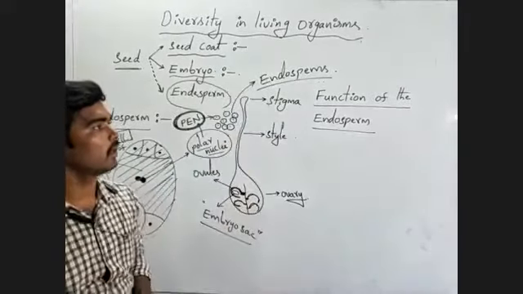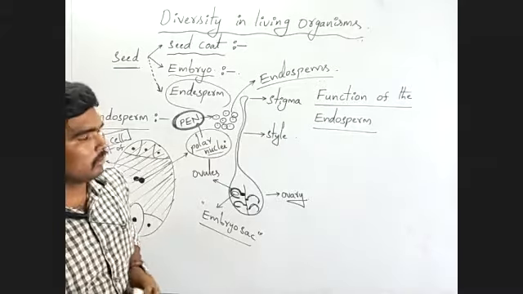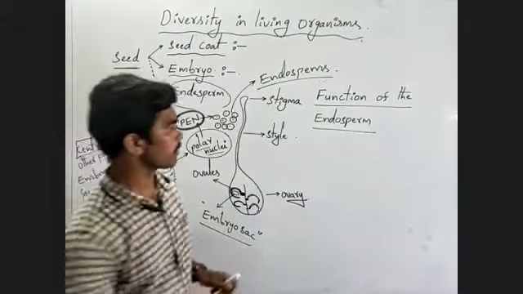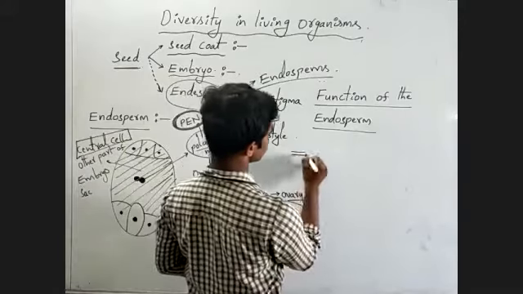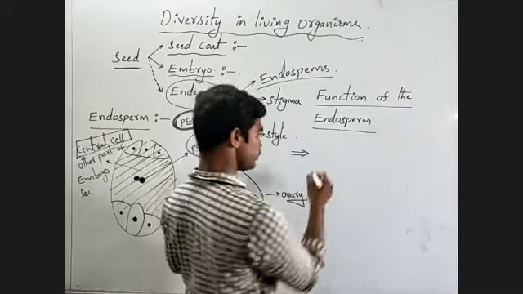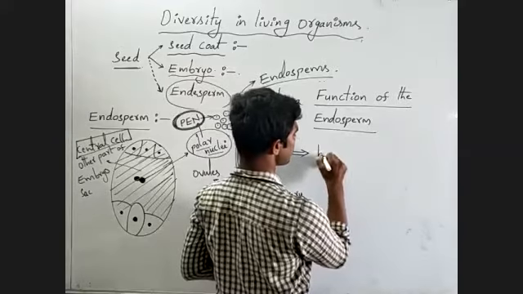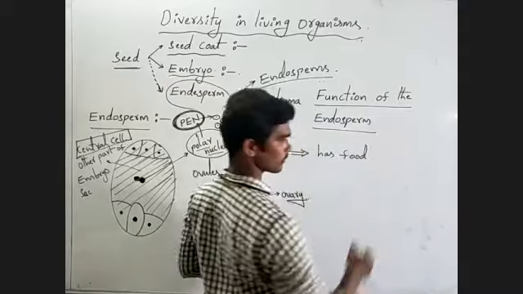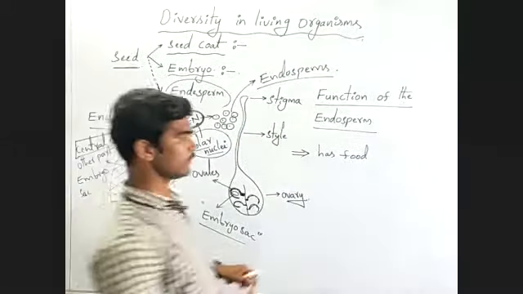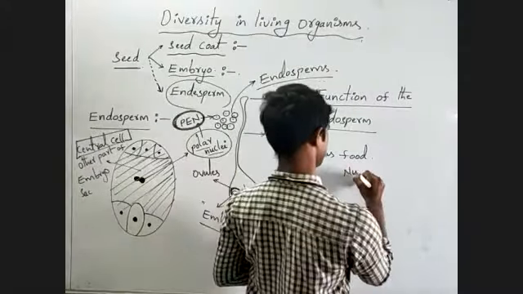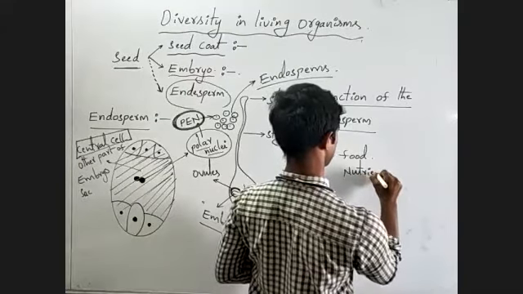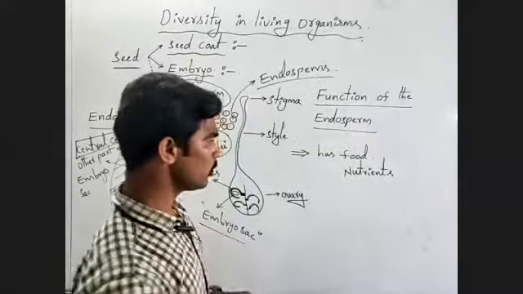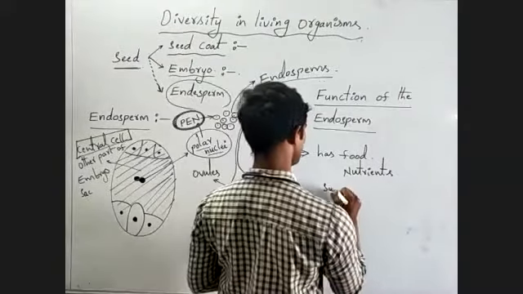Observe. Already we discussed, it has food material, different types of nutrients: sugar, amino acids, this type of food material.